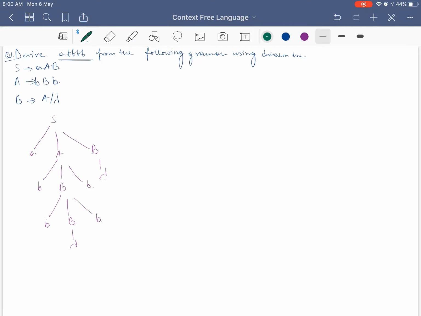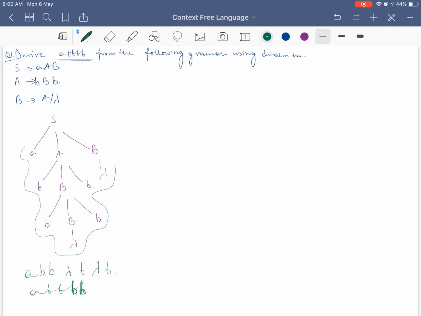You have to scan it from the leftmost side, and whatever leaf node values you get, just write them one by one. So I am getting A, then B, then lambda, then B, then lambda, then B. Sorry, 2 B's are there. So if I write it down after removing the lambda, then I will get A4B.